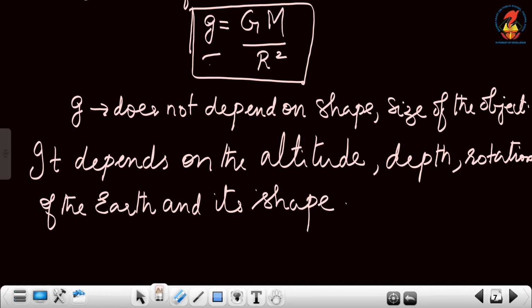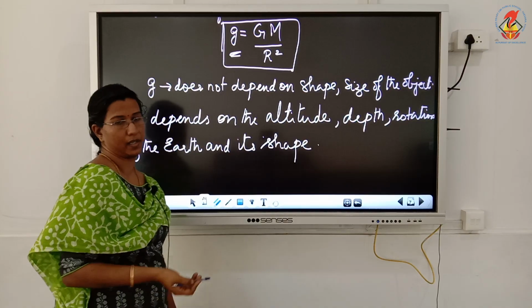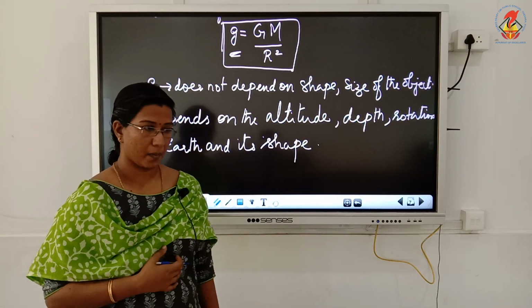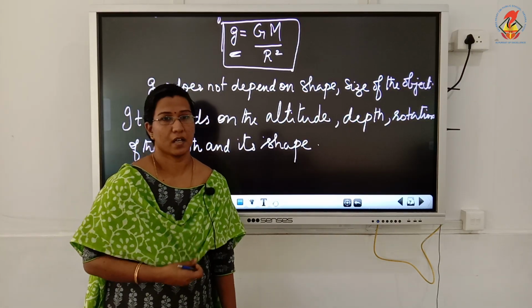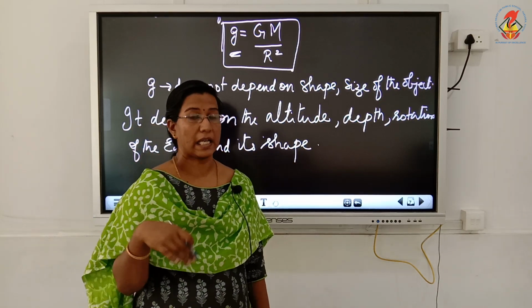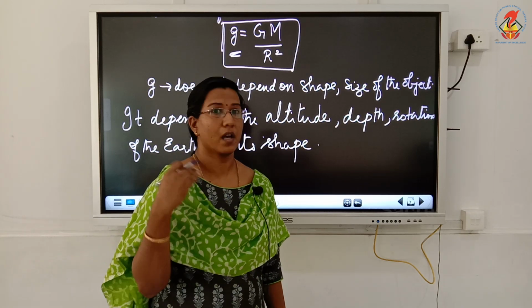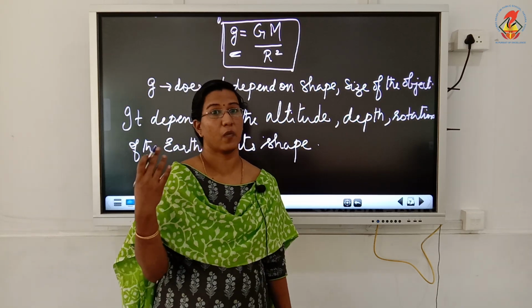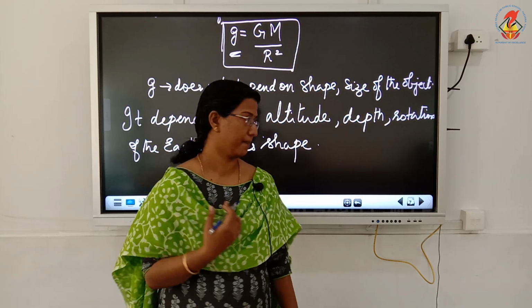So small g is a variable term. It is not a constant. Depending upon the position of the object on or near to the surface of the earth, the value of g will vary. It depends on the rotation of the earth. It depends on the shape of the earth, etc.